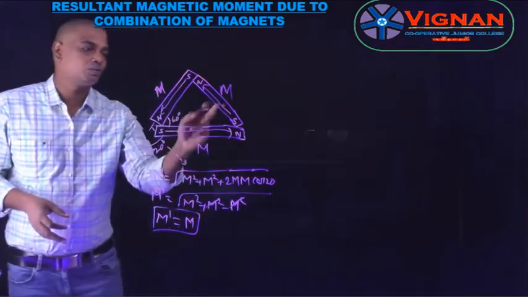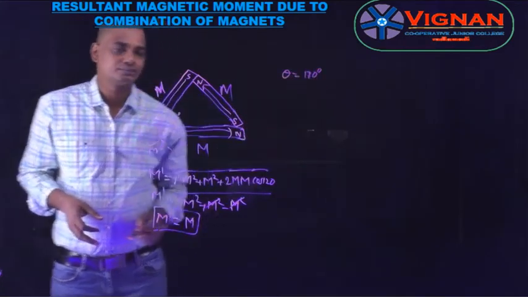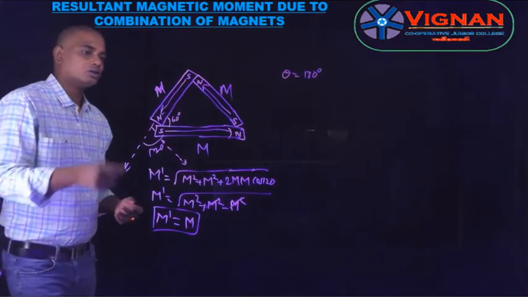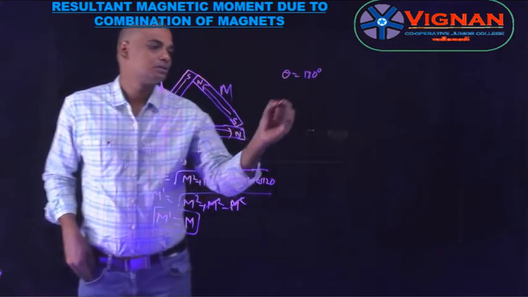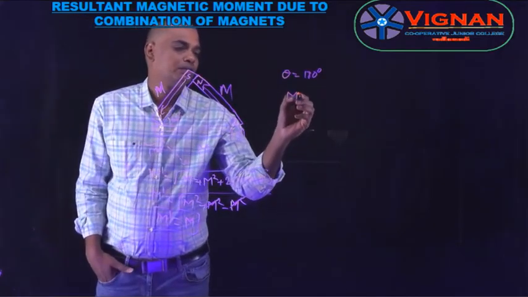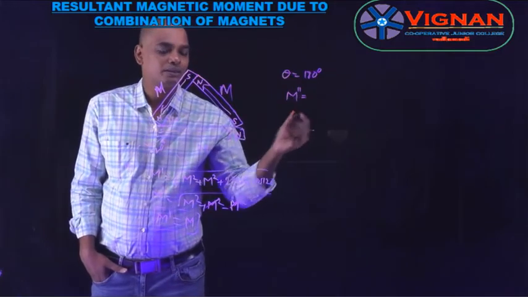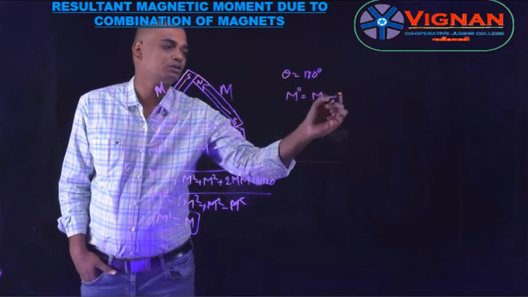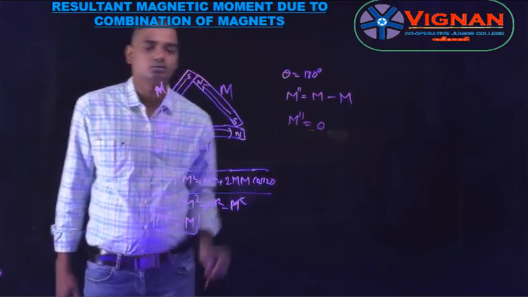If they are placed one above the other, theta equal to 180 means the resultant magnetic moment M double dash is equal to M1 minus M2. M1 is M, minus M2 is also M. So M double dash is equal to 0.